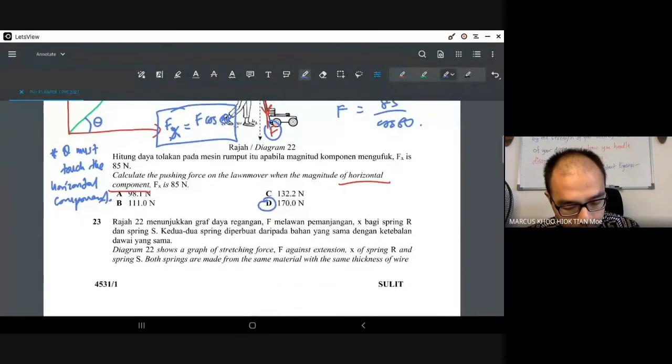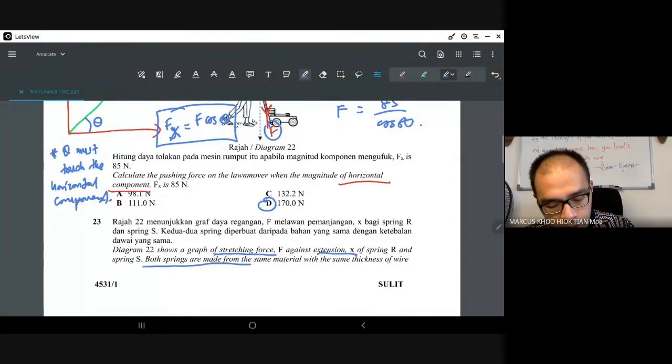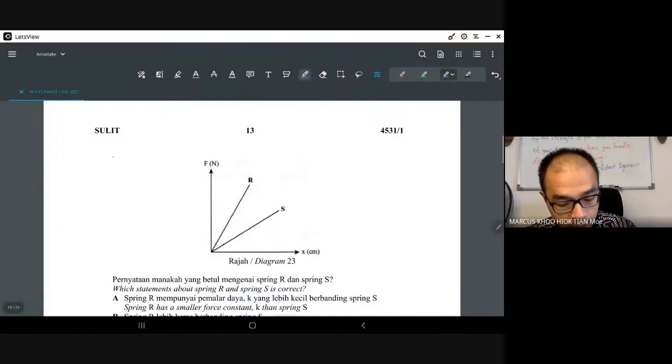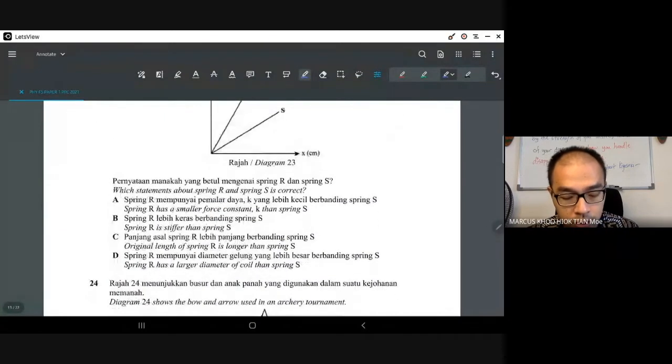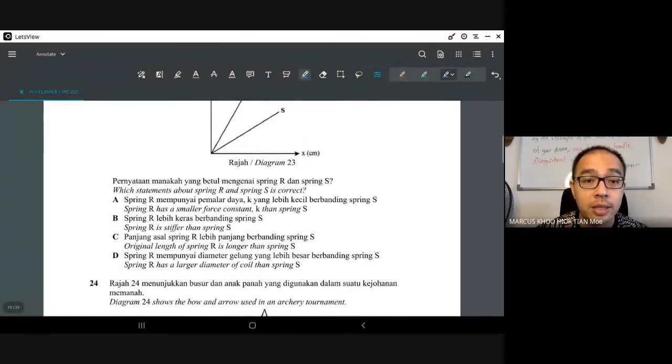Alright. Diagram 22 shows a graph of stretching force against extension. Both springs are made from the same material with the same thickness of wire. Which statement is true about spring R and spring S?